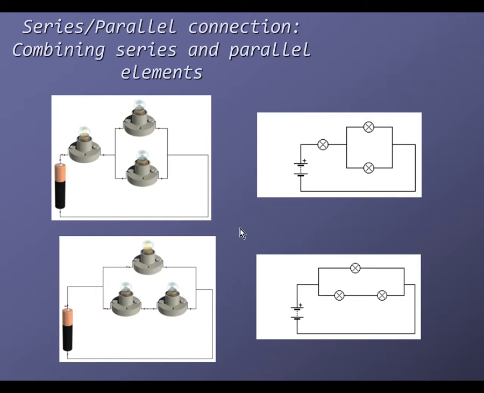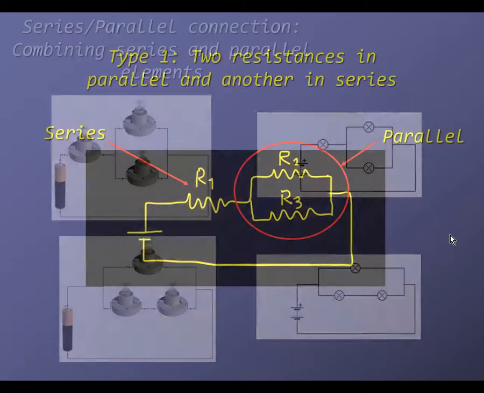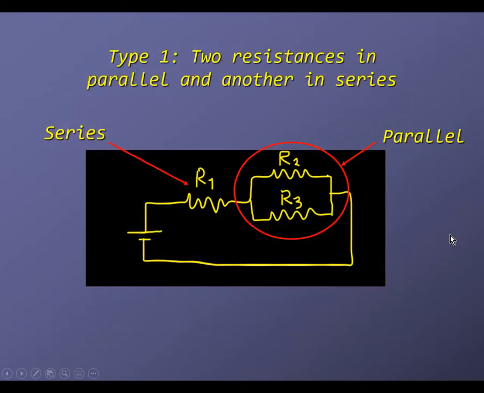So we're gonna learn just to solve the equivalent resistance, the total resistance. We are not going to calculate voltages or currents. This is something we will learn next year, but at least this year I want you to learn how to work out the equivalent resistance, how to reduce a circuit to a circuit with just one resistance.